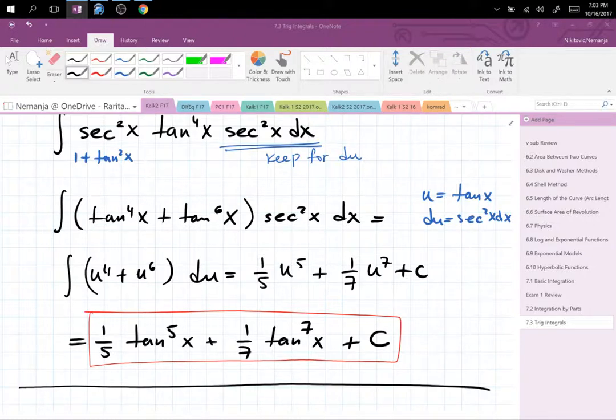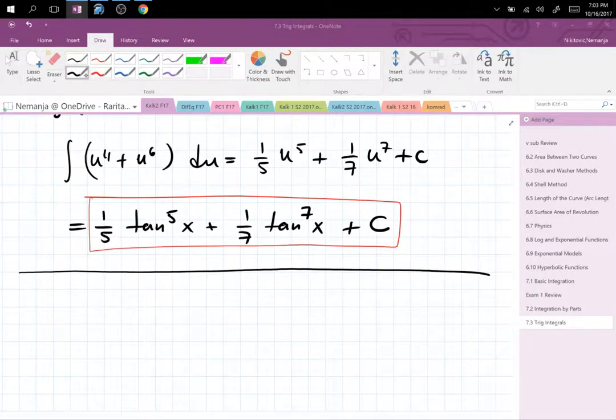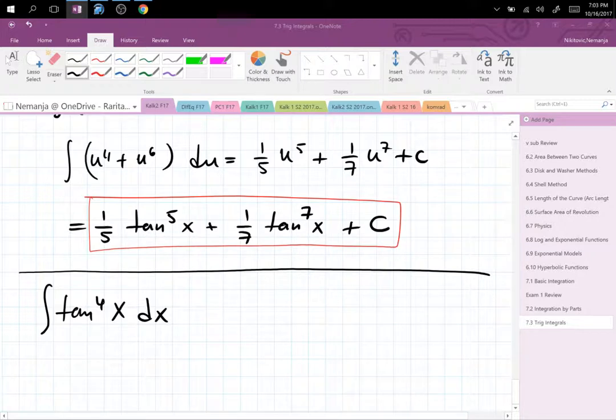Are you good with this? Nah, not yet. Let's see. Tangent to the 4th x dx. Have fun.